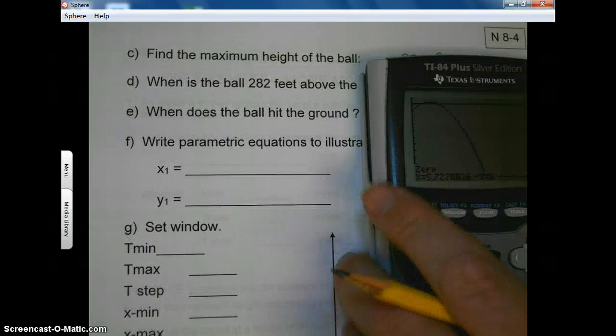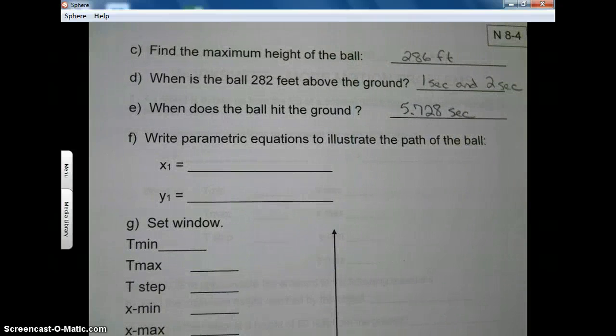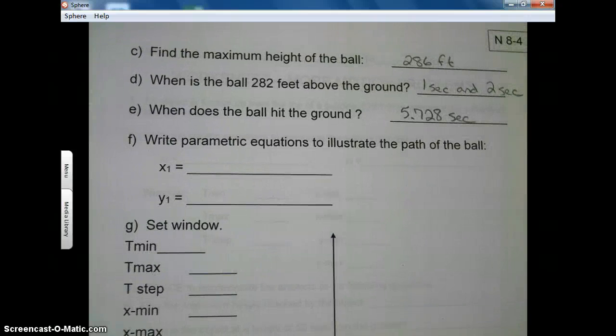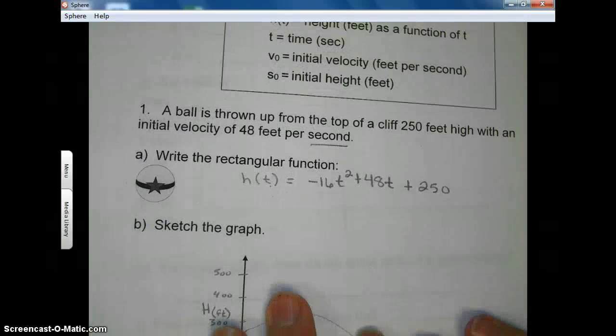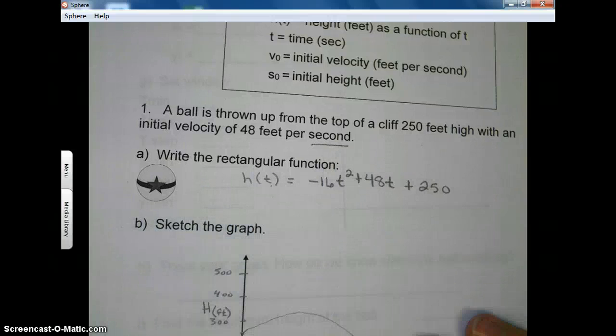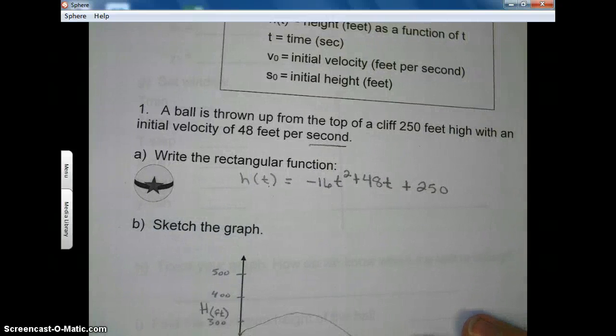Okay, alright, let's write the parametric equations to illustrate the path of this ball. I made a mistake, guys. Write the rectangular function. What mistake did I make?